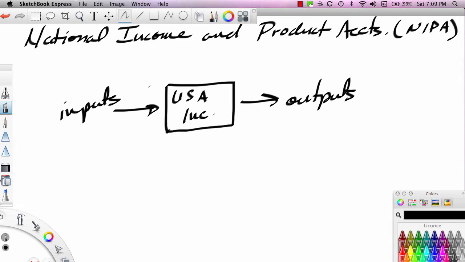And moreover, this data is shared with business people and other interested parties, academics, who are interested in studying the U.S. economy. So the National Income and Product Accounts are a very important accounting structure that the government uses for measuring the performance of the U.S. economy. Now let me scroll this down a little bit and we'll dive right in.